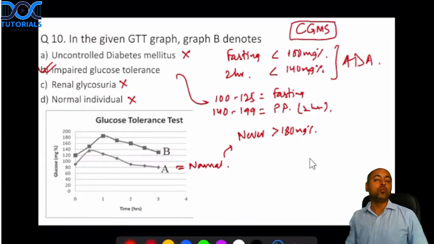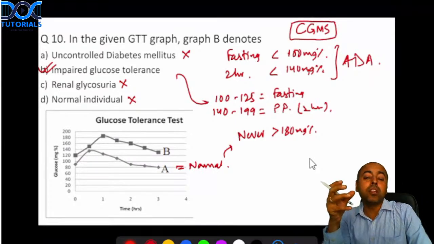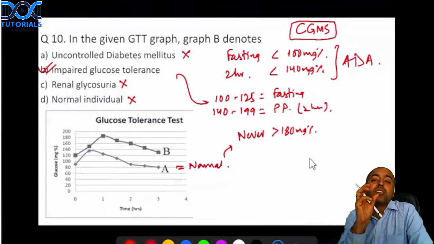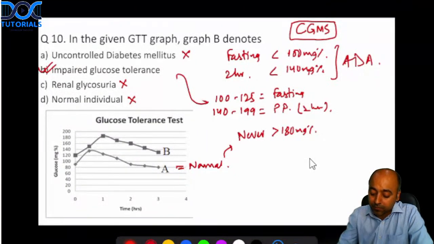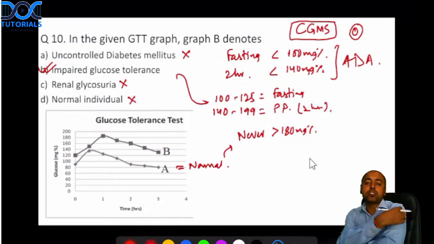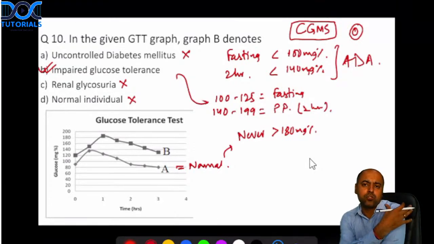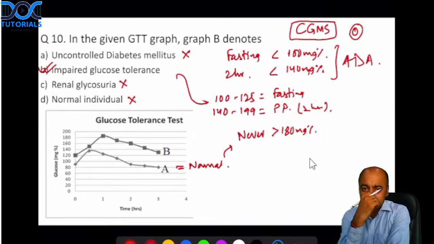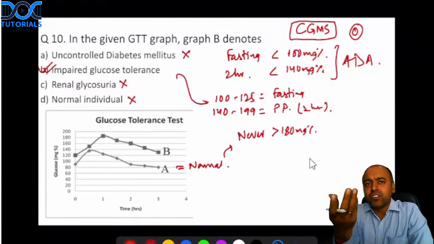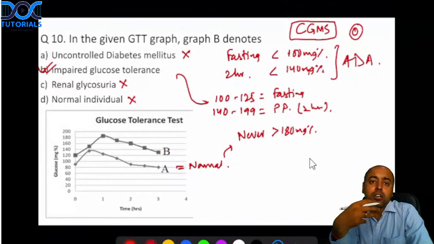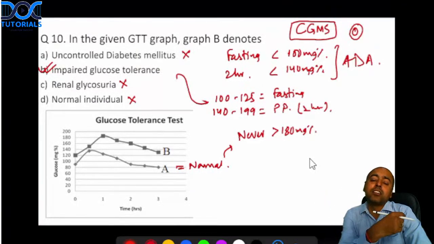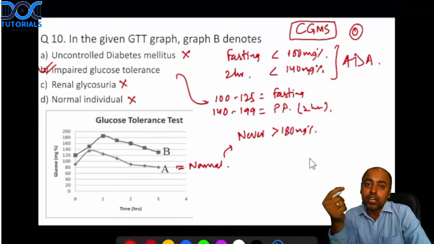Please note, this is a new facility which is available. The continuous glucose monitoring system is a very simple, small patch-like thing that can be stuck on the arm. It will continuously measure the blood glucose maybe after every 15 minutes, and the higher versions can take a reading whenever you want in addition to that.